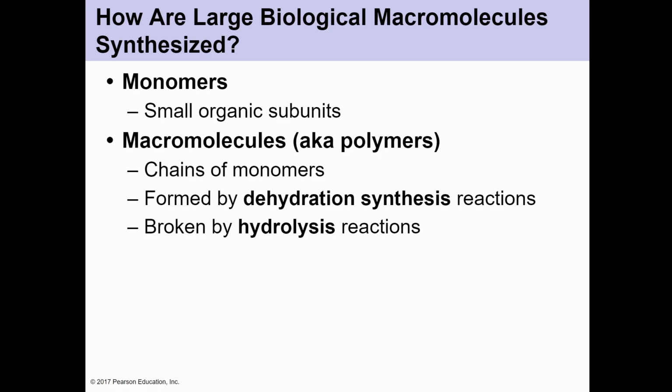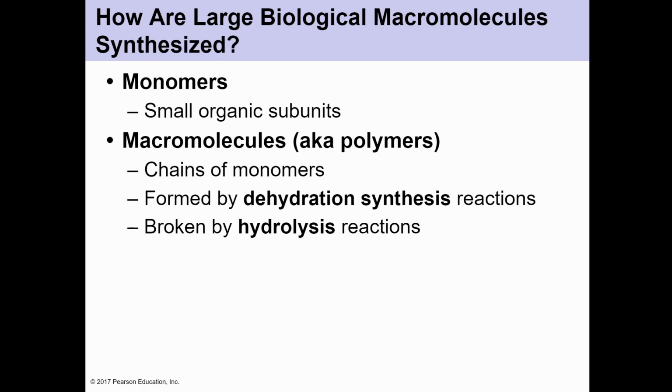So when we talk about biological macromolecules, we have to mention monomers. Monomers are the name for the repeating subunits that come together to make or build macromolecules. Another name for the biological macromolecules is polymers because they're made up of many, which is the prefix poly, many of these repeating monomers. So mono as a prefix means one, poly means many.